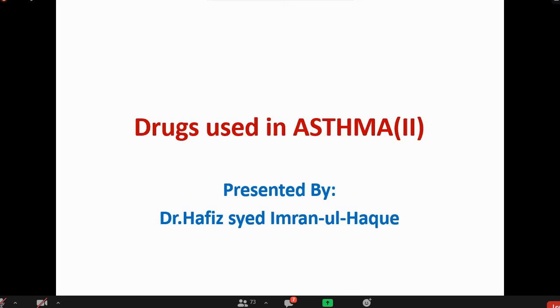And the third group that can also be used in the acute attack is the intravenous or parenteral glucocorticoids, that we will discuss in the subsequent slide, right? So already we have discussed the major side effects of beta 2 adrenergic agonist, right? Now come to the anti-inflammatory drugs, right?